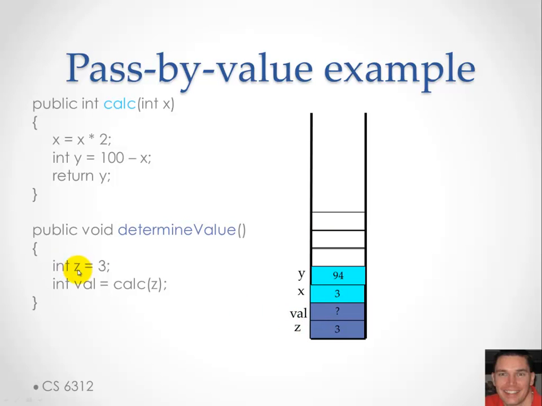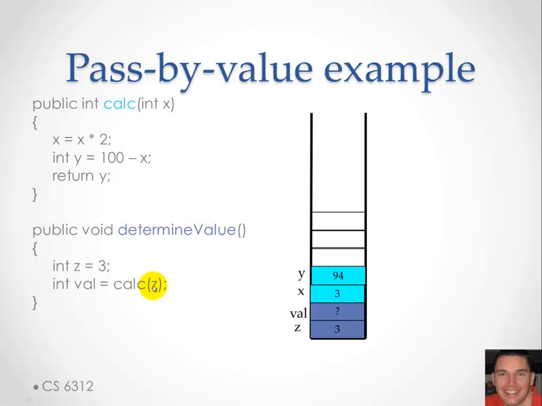As we execute this code, we say Z equals 3, so it writes the value 3 in there. And then integer val equals, but it can't do the assignment yet, it calls this calc method up here, where we're passing in the Z variable, which holds the value 3.